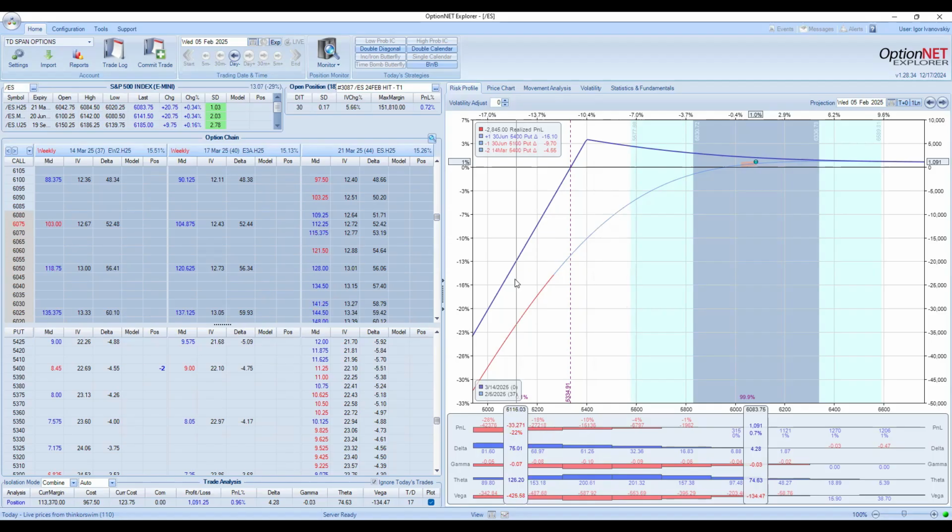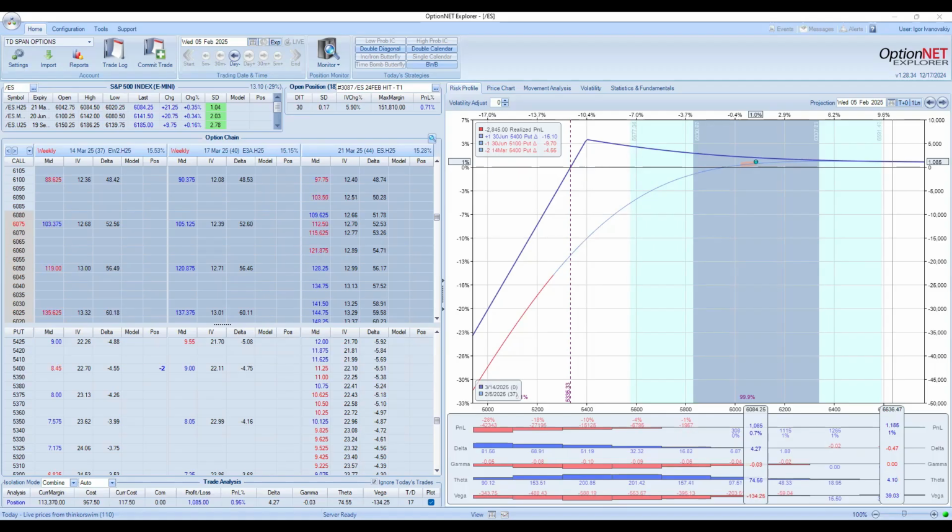So this trade started off, and I'm going to go back and see if I can share the trade log for this trade. I can't. Let's stay on the risk graph. So the trade started off in early January. This was January 6th. I bought to open the original put debit spread, which was June 30th expiration.